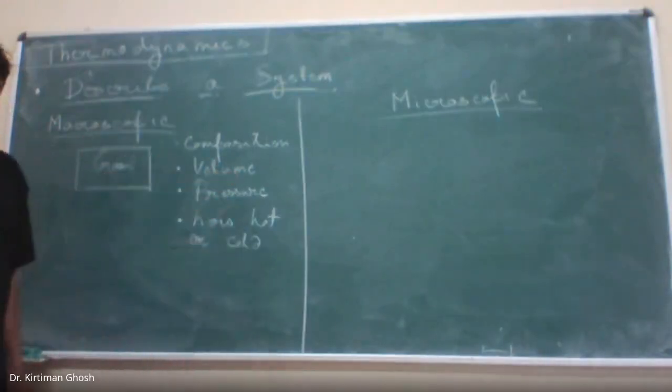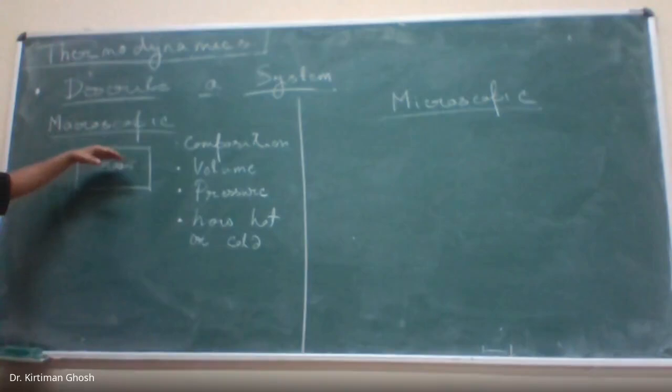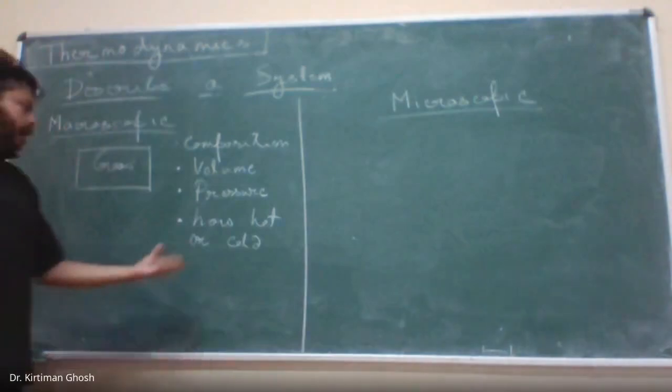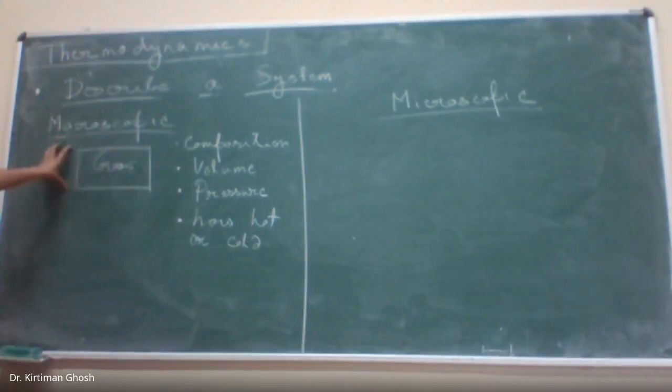You can measure the pressure by measuring the force exerted on the walls of this container, and you can also try to measure whether it is hot or cold. So there are few properties which describe a particular system macroscopically. These are few in number and easily measurable. So this is the macroscopic description of the system.